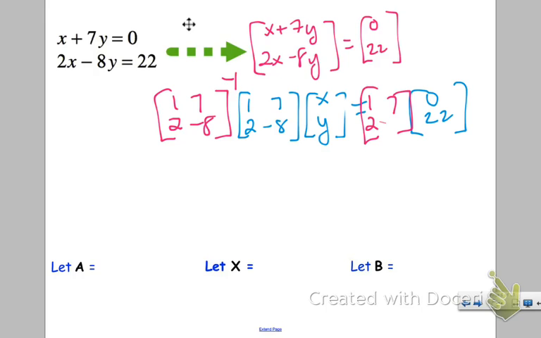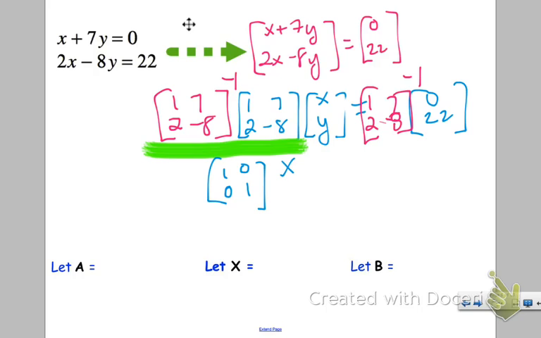And I don't actually show you how to compute them. You can do that for extra credit. Well, this product here is just a matrix times its inverse. So that's just going to simplify to 1, 0, 0, 1 times x, y, which is the identity. So when I multiply that, it just gives me x and y. It doesn't change anything. So why even write it? I'm just going to write it as x, y.